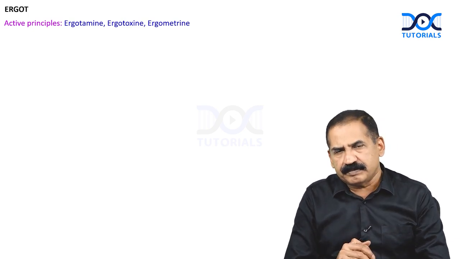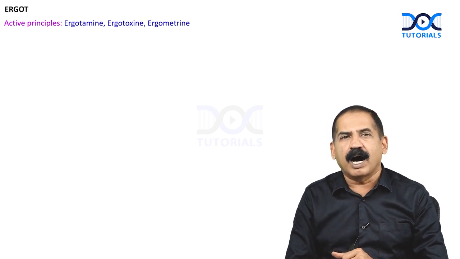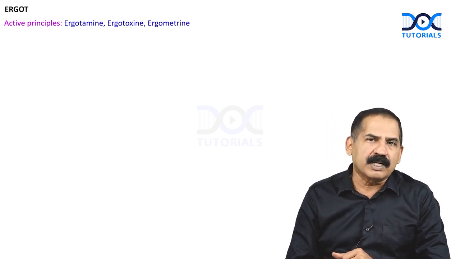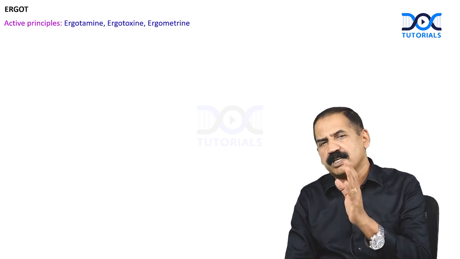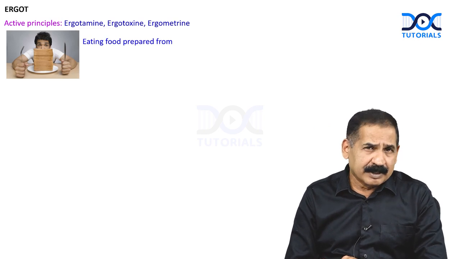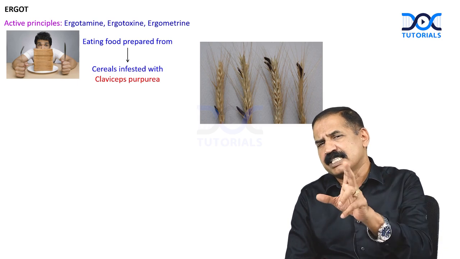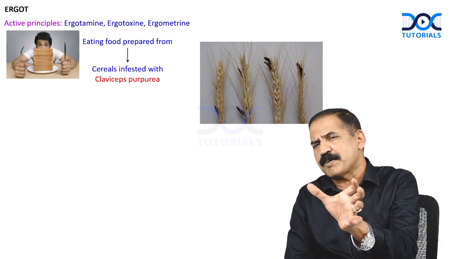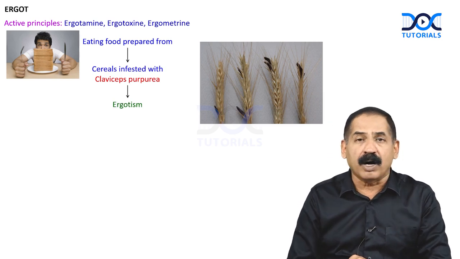Ergot. Active principles are ergotamine, ergotoxin, and ergometrine. Generally, when bread is prepared from cereals infested with Claviceps purpurea, it gives rise to a condition called ergotism.